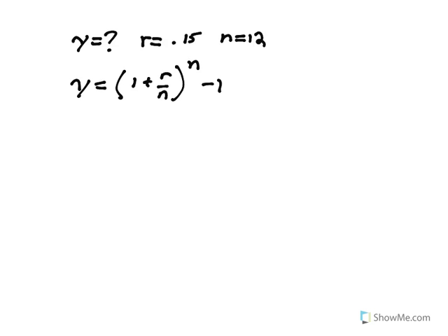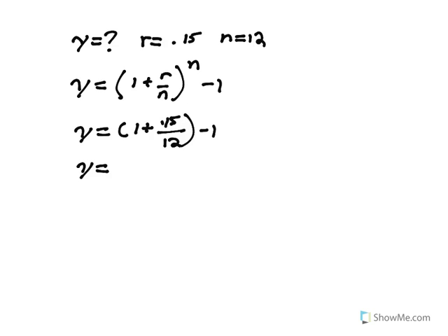We need to substitute everything that's given. All right, so if we do 0.15 divided by 12 plus 1, let's see what we get.